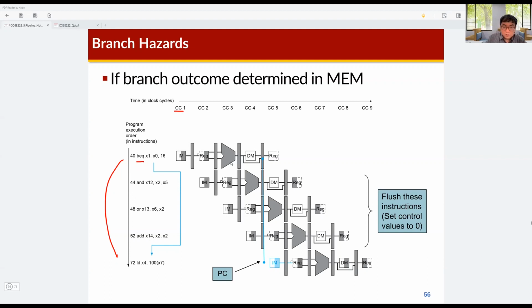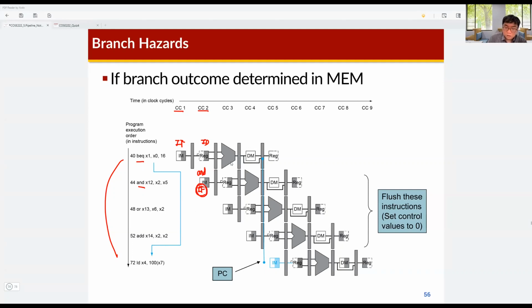At clock cycle number 1, the branch instruction is in the instruction fetch stage. Then at clock cycle number 2, BEQ is in the ID stage, and the next instruction is in the instruction fetch stage.